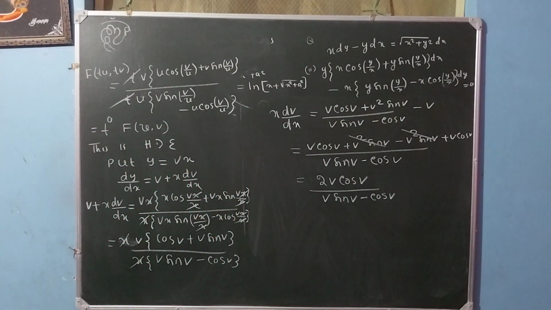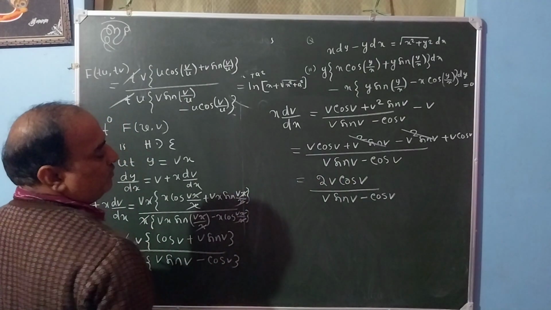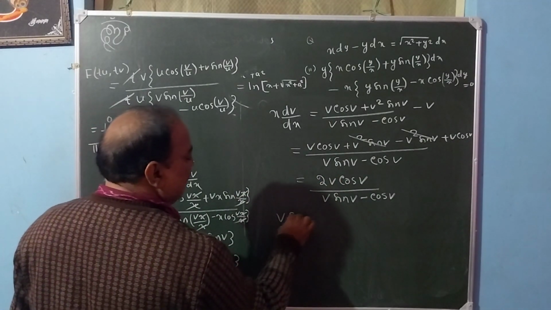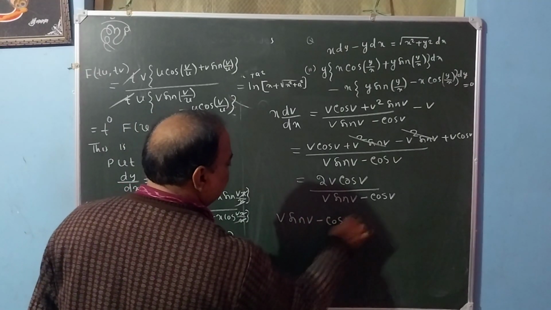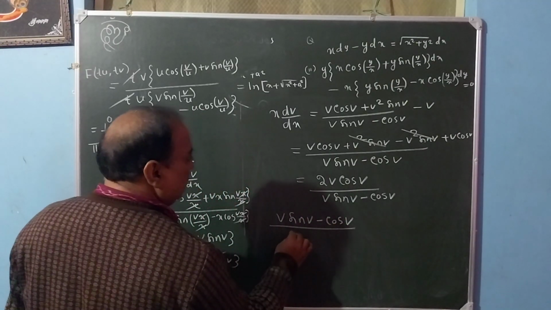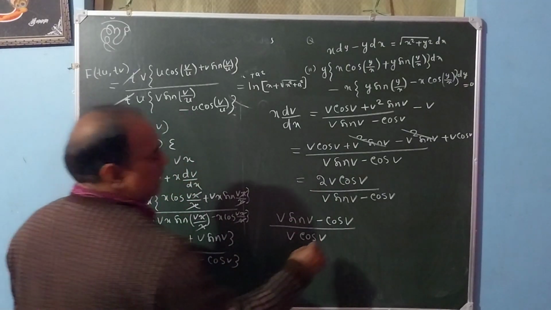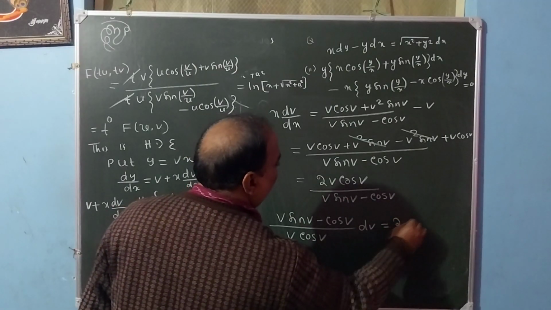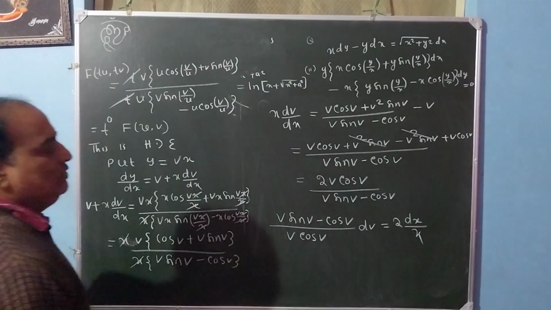Now separating the variables, we get (v sin v minus cos v) divided by (v cos v) into dv is equal to 2 dx by x.